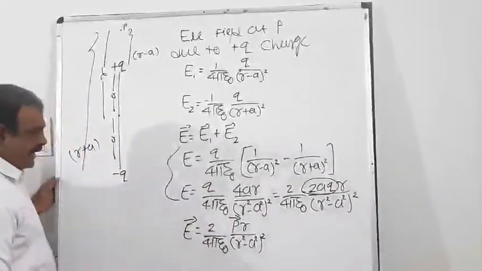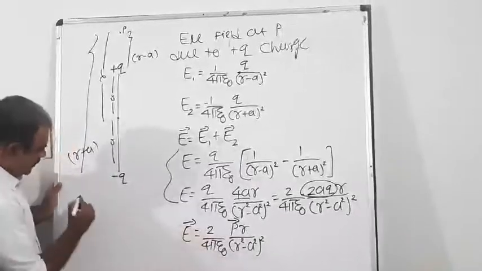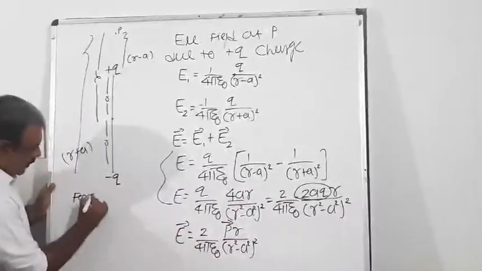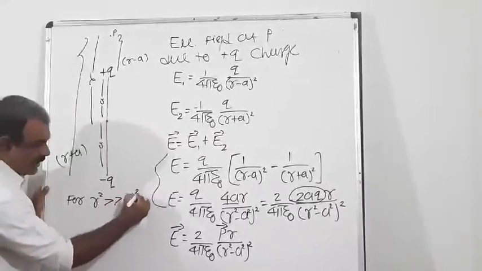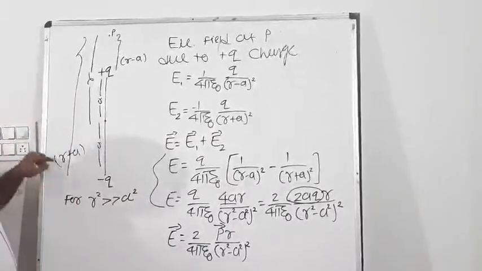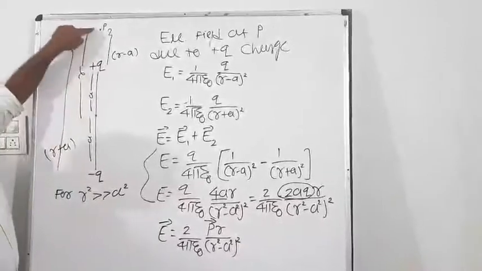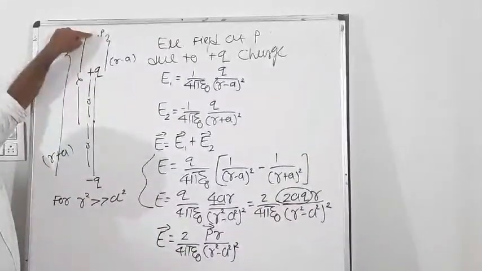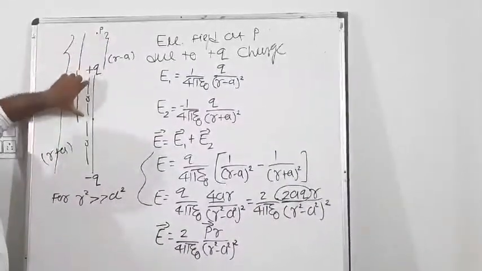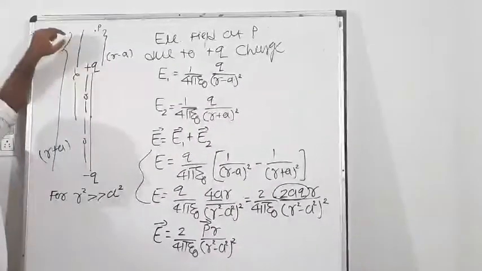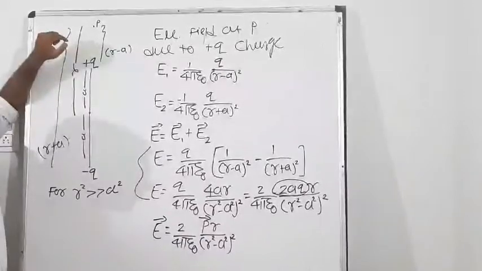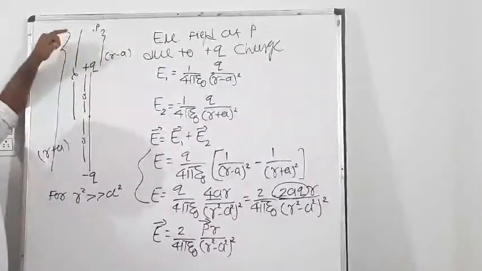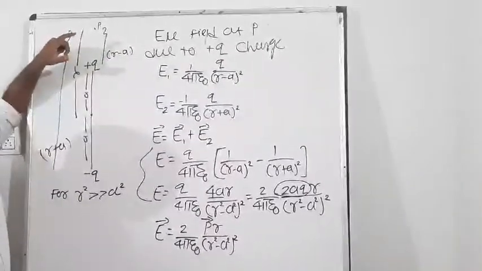Now one condition I am taking in this equation, for r square very much greater than a square, which means the distance where we are finding electrical field is much larger in comparison to the length of the dipole. This kind of dipole is called point-like dipole. Point-like dipole means the distance between two charges in the dipole tends to 0.